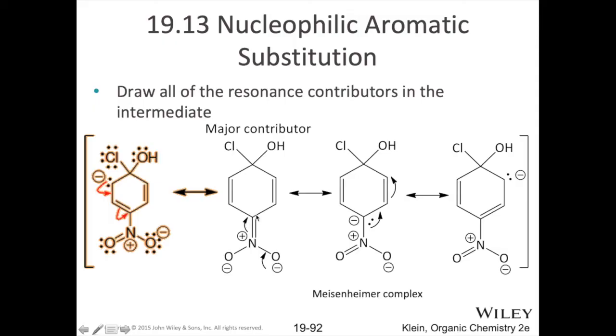If that nitro group were in the meta position, the negative formal charge, that lone pair would skip over it to this para position here, and skip over the other meta position onto the ortho position here. So basically, we need that nitro group to be either ortho or para.